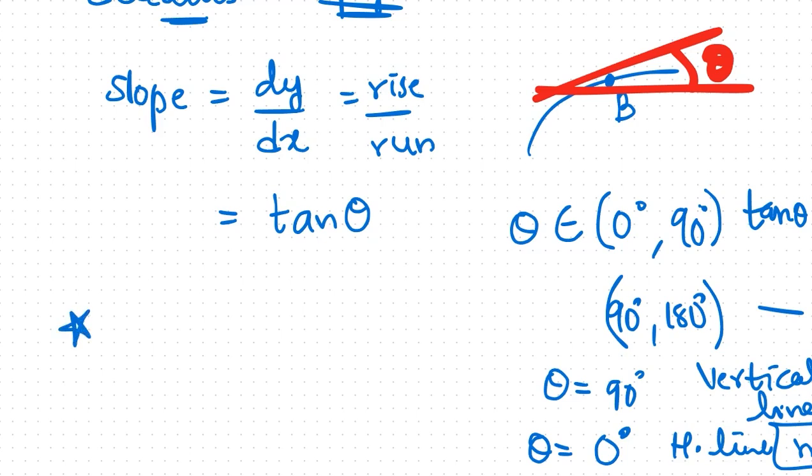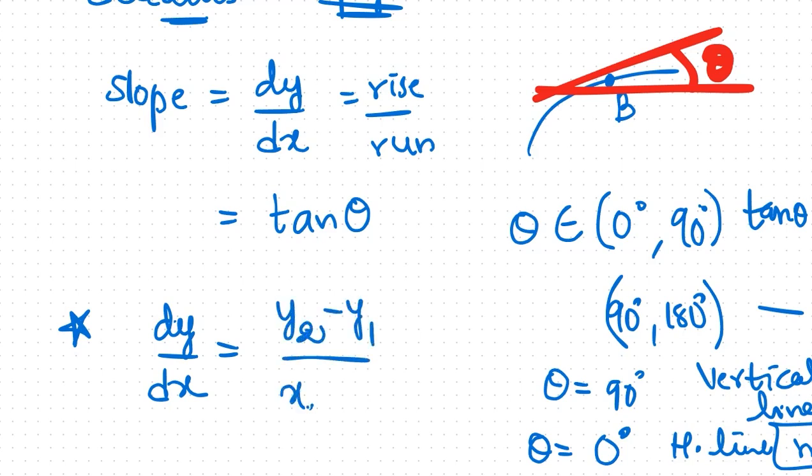So let us understand what is meant by dy by dx. Change in y upon change in x, so y2 minus y1 upon x2 minus x1.